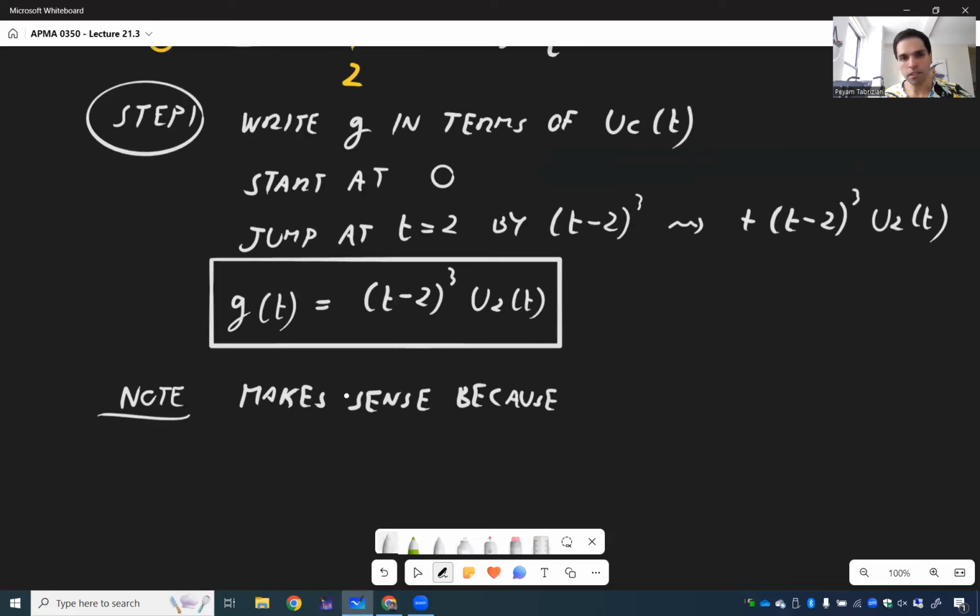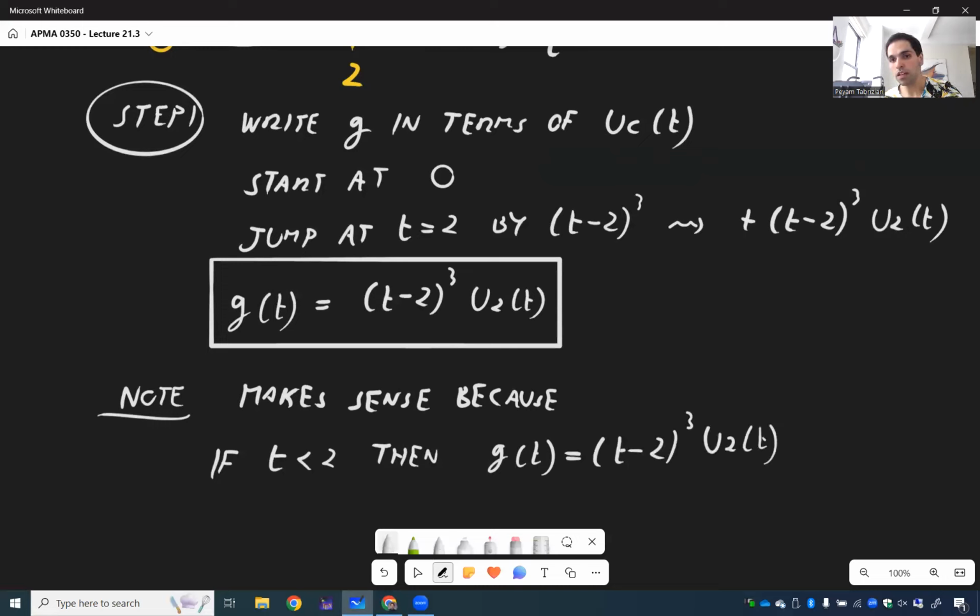Because, well, if t is less than 2, we want g to be 0, but in that case, g of t, which is (t minus 2) cubed u2 of t, u2 in that case is 0. So we do get that g is 0.